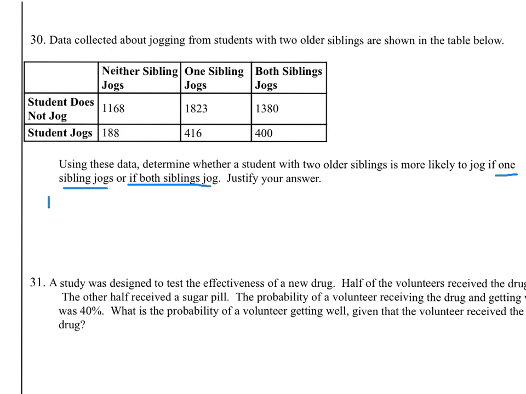So for example, you're trying to figure out the probability that you will jog given that you have one sibling jogging, or are you more likely to jog given you have two siblings jogging? So this is really a given type of question, but you're comparing one to the other, all right?